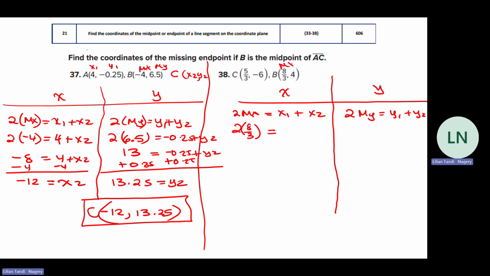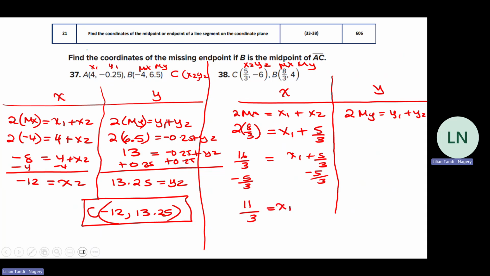This is your mx. This is your my. This is your x2, y2. I don't have x1. x2 is 5/3. So you have 16/3 equals x1 plus 5/3. Minus 5/3, minus 5/3. That gives you 11/3 equals x1.